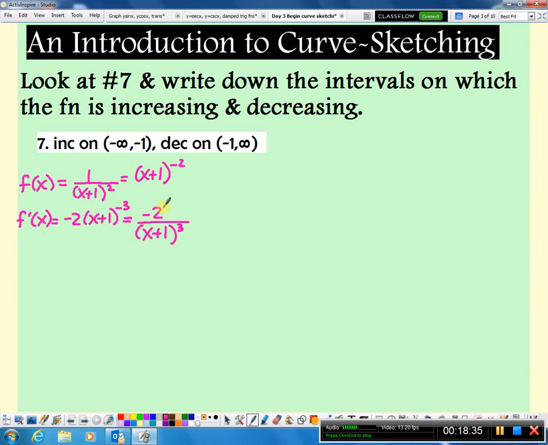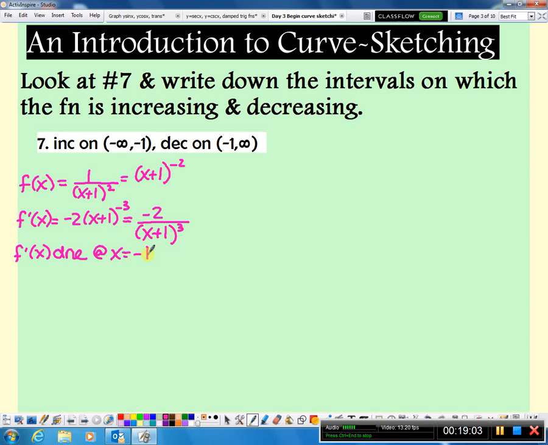So f prime of x equals 0 is not going to have solutions, so no critical values from there. F prime of x does not exist if the bottom equals 0. So the bottom equals 0 if x is equal to -1. That would make the whole bottom go to 0.